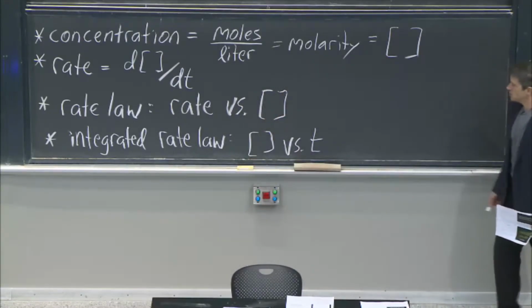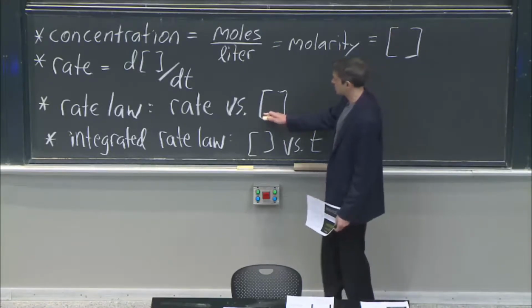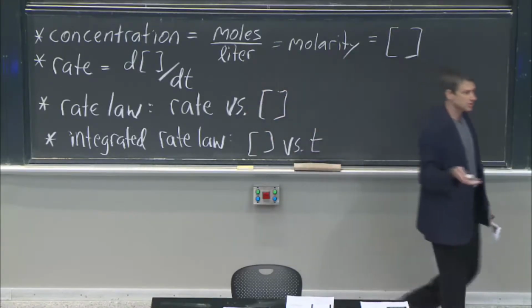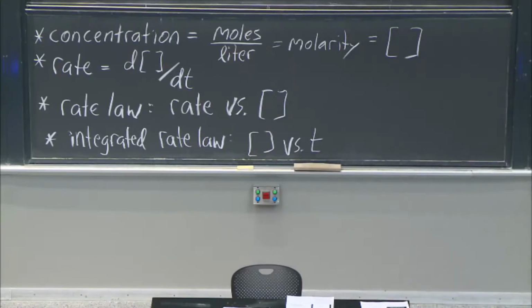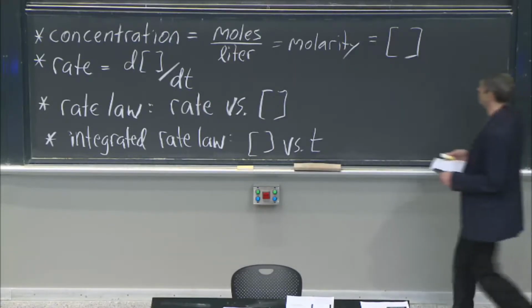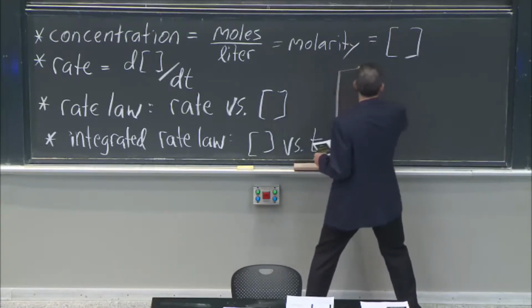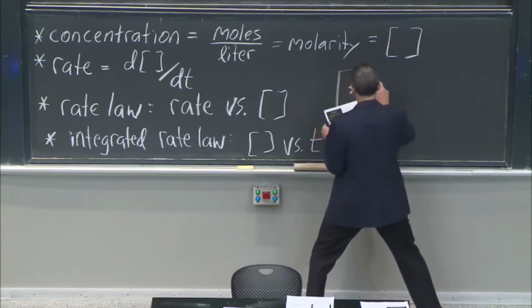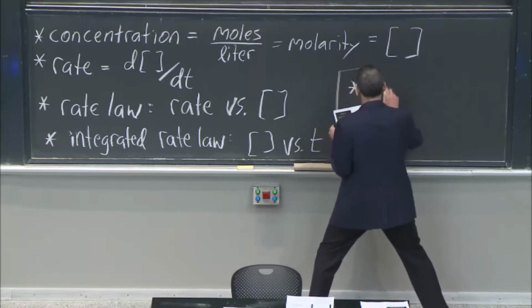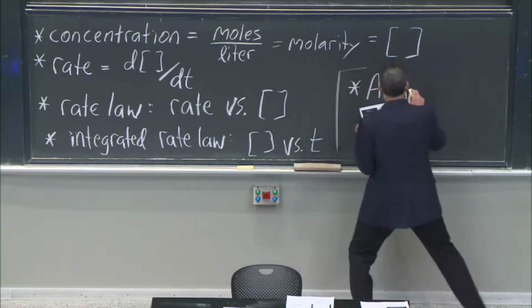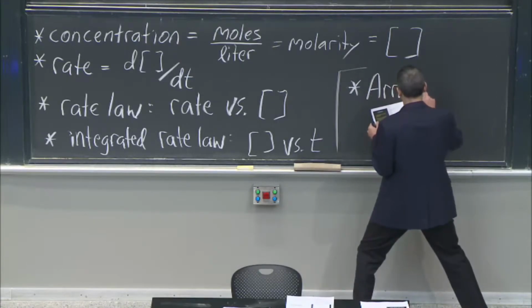So the rate law is rate versus concentration, and the integrated rate law is concentration versus time. And then we've got Arrhenius. Let's put it all on the same board. So I'll do one more here, which is the Arrhenius dependence for reactions.